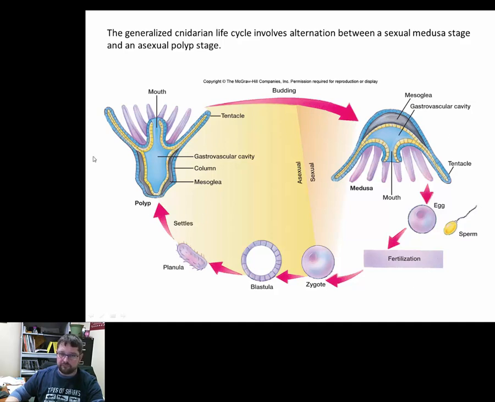Now, some species and some groups skip certain stages, like there's no asexual phase and just a sexual phase, or vice versa. Maybe the sexual and asexual phases are both in the polyp form. So there's a huge variety, but in general, that's the life cycle of Cnidarians.